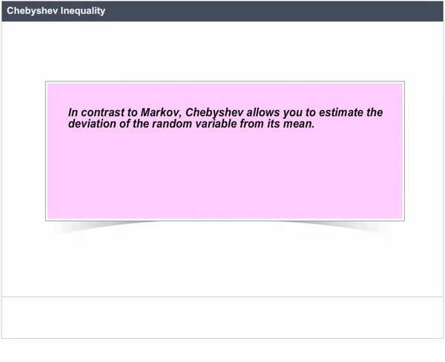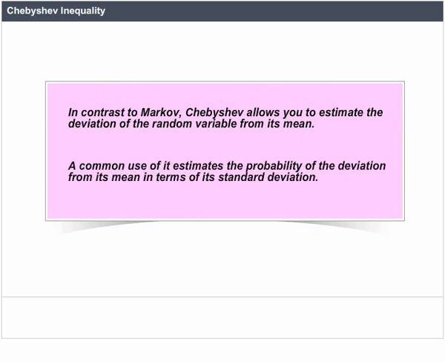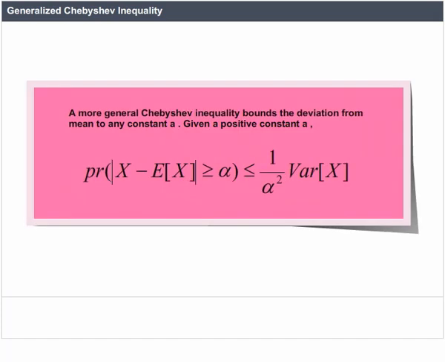A common use of it estimates the probability of the deviation from its mean in terms of its standard deviation. Generalized Chebyshev inequality. A more general Chebyshev inequality bounds the deviation from the mean by any positive constant alpha. Probability of |x minus expectation of x| greater than or equal to alpha is less than or equal to 1 by alpha square into variance of x.